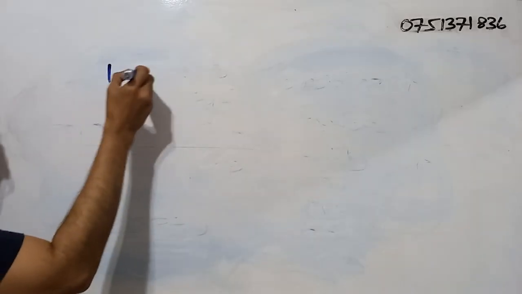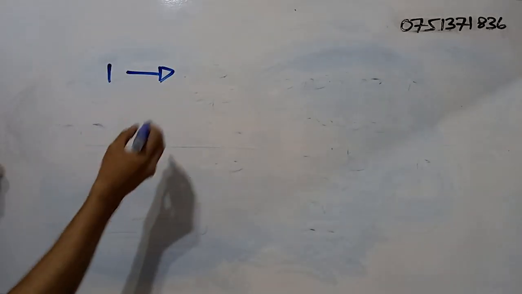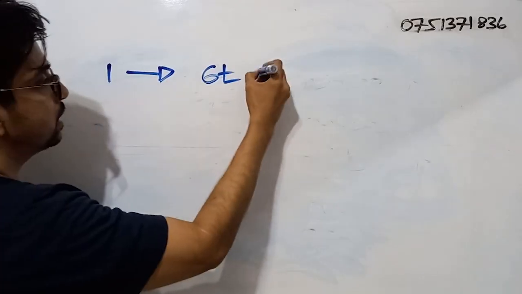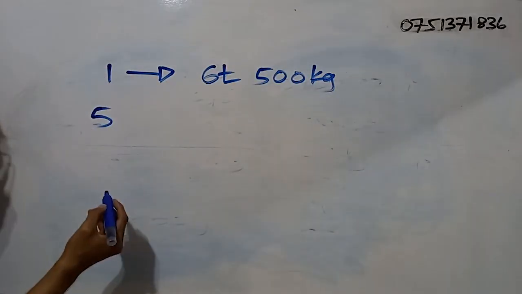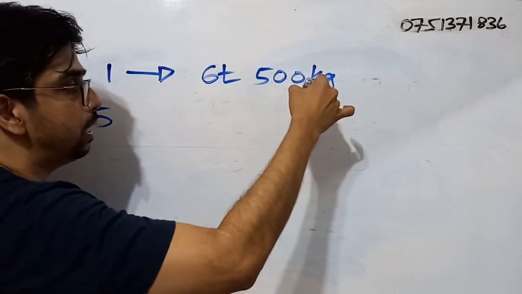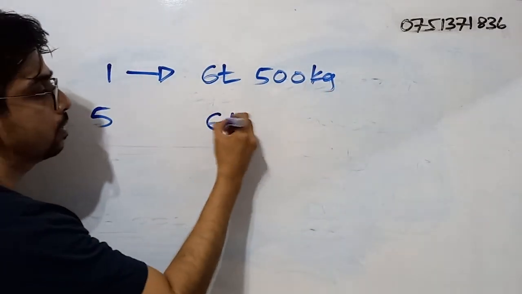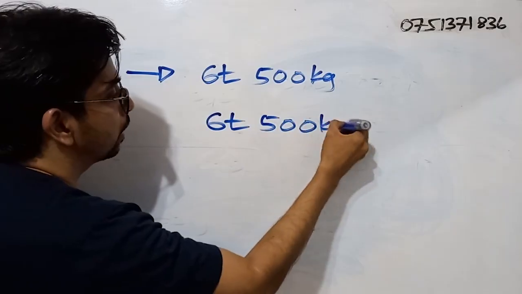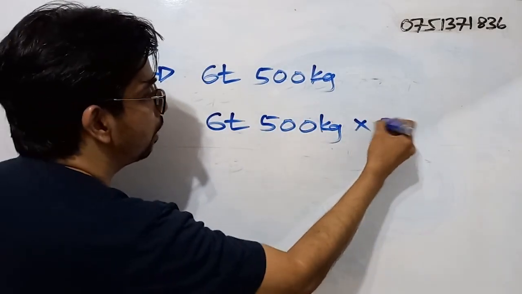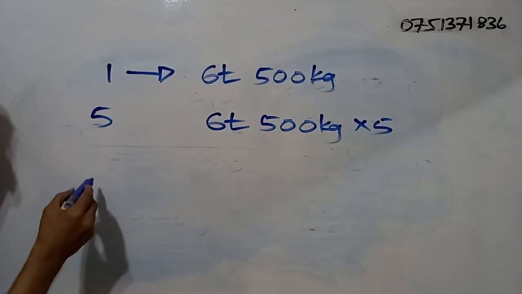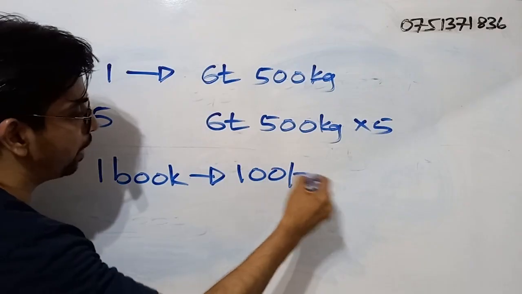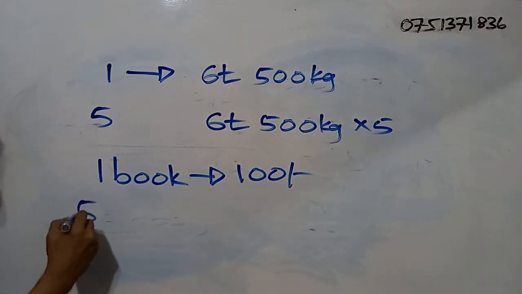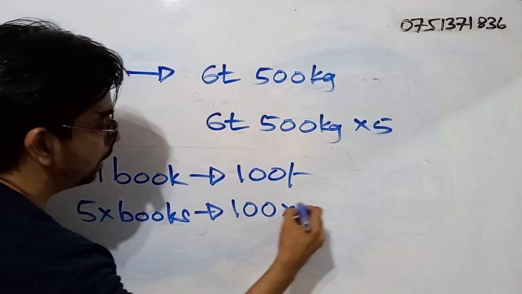So if we consider one beam, what is the mass? 6 tons and 500 kilograms, no? How many beams are there? 5. So this mass must be what? We must multiply this mass by what? 5. Just imagine if one book is 100 rupees, what is the price of 5 books? 100 into 5, no?